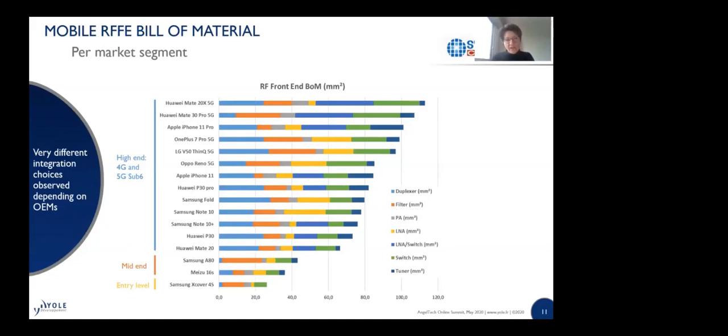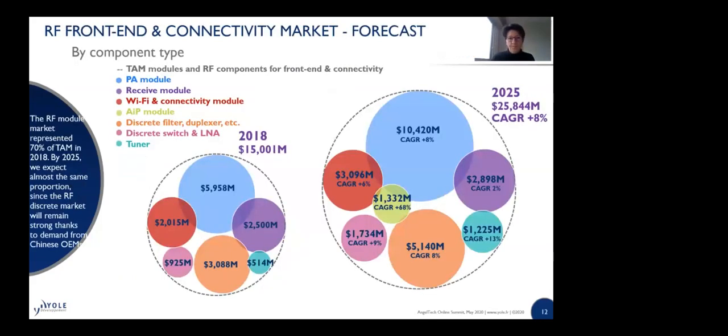And here the 5G phones we are showing are the sub-6 gigahertz phones. So overall, if we express this market in value, moving from a $15 billion market in 2018 to a $25 billion market in 2025, the compound growth will be around 8% in these coming years. And what you do see is that power amplifiers are, of course, a big take for this overall market.